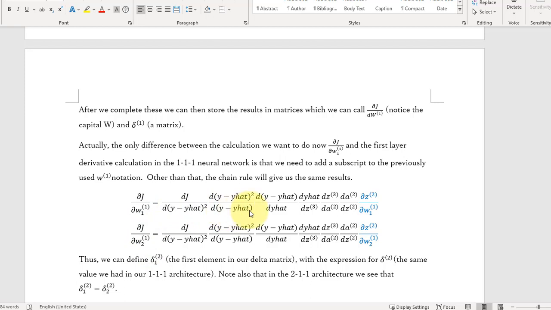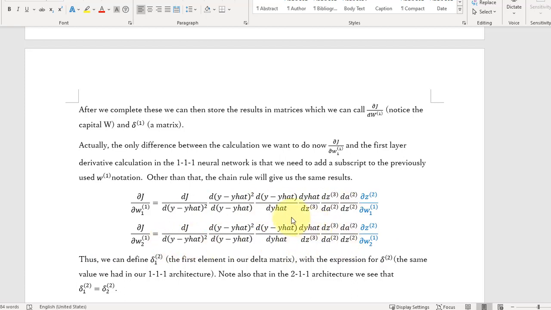And then if we do all the calculations, they're all going to be the same, except the last one is dz2 with respect to w11. We didn't have 1,1, we just had 1 here. And then for this one, it's going to be with respect to w12. So we can see that actually this and this are going to be the same.